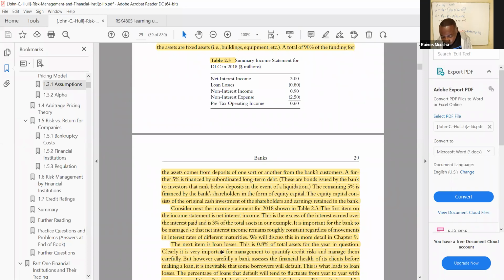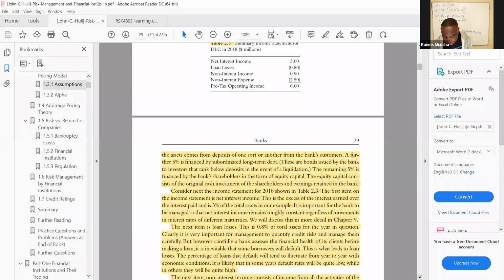Clearly, it is very important for management to quantify credit risks and manage them carefully. But however carefully a bank assesses the financial health of its clients before making a loan, it is inevitable that some borrowers will end up defaulting. So this is what leads to loan losses. It's basically coming from the default of customers.